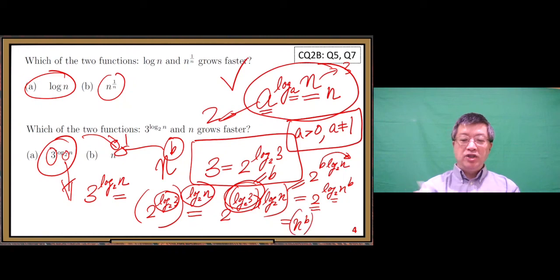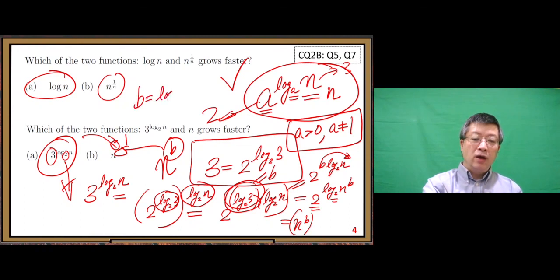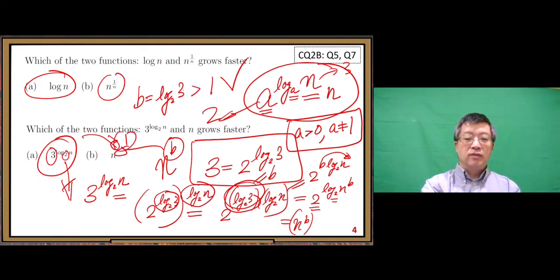So what is that b? Based on our assumption, b equals log base 2 of 3. Now you compare with 1, the exponent here. Which one is larger?